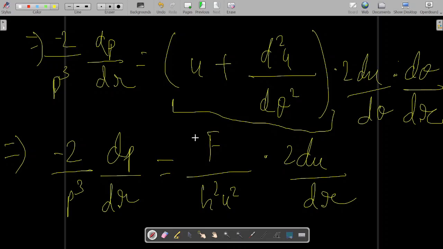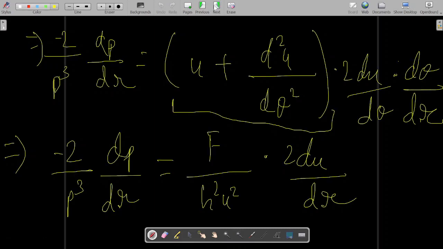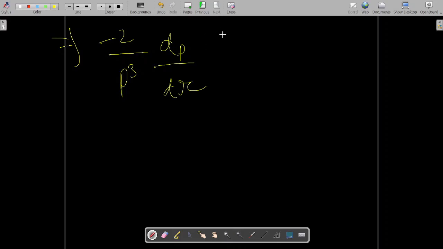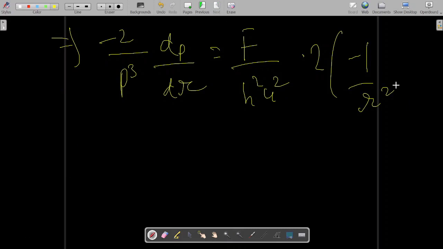Now du by dr, what will happen to du by dr? You can further simplify this. So this will become minus 2 by p cube dp by dr is equal to f divided by h square u square, and what do you have over here? 2 du by dr. Instead of du by dr we will have minus 1 by r square, because u equals 1 by r.